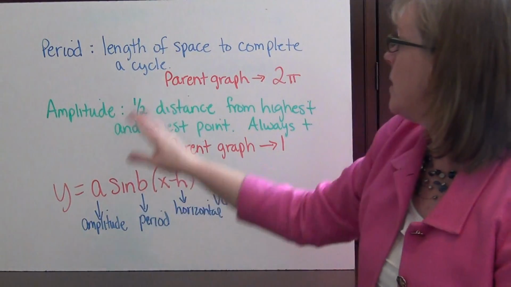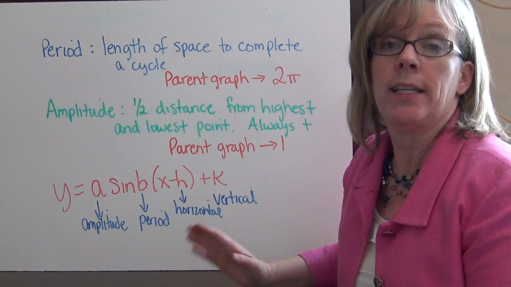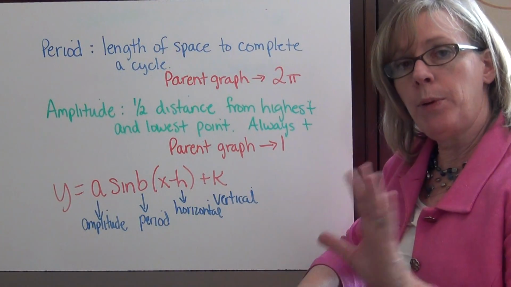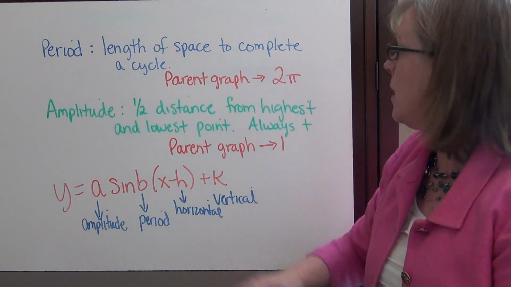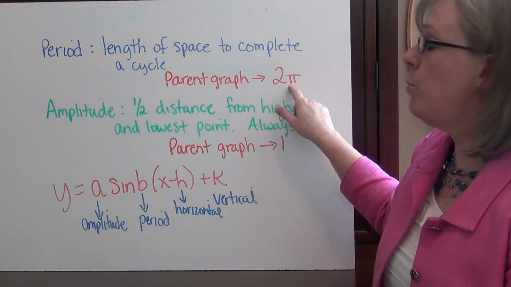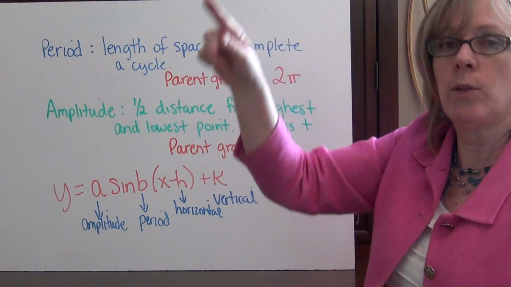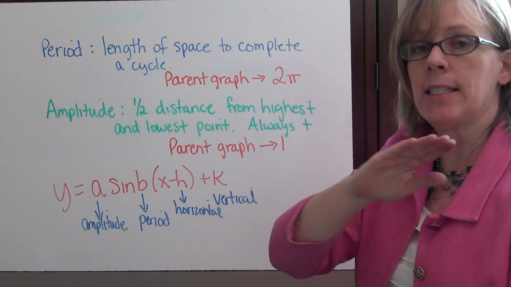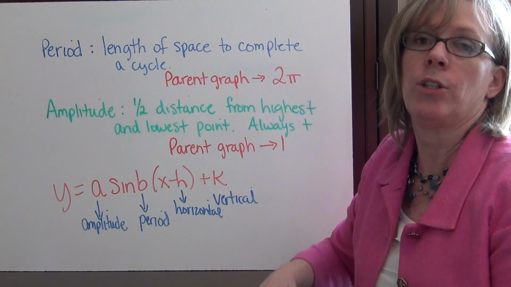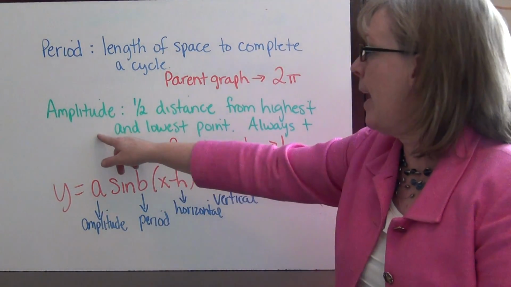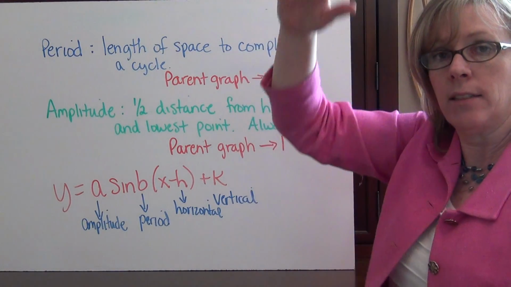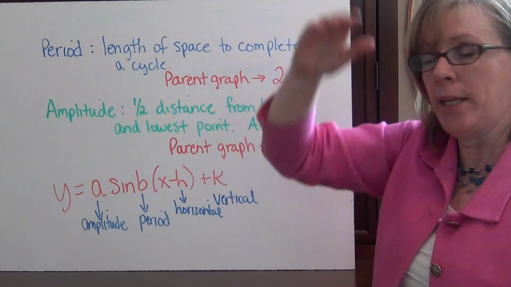Now, here's a little bit of vocabulary. The period is the length of the space that it takes to complete a cycle. On the standard parent graph of the sine and cosine graphs, the period is 2 pi. One complete rotation around the circle is the same as one complete rotation through the graph of the trig function. The amplitude is the height, or how much vertical space it takes up.